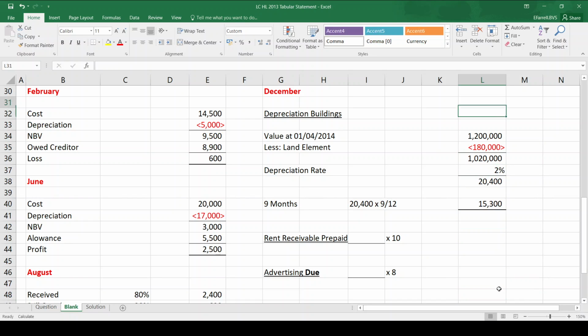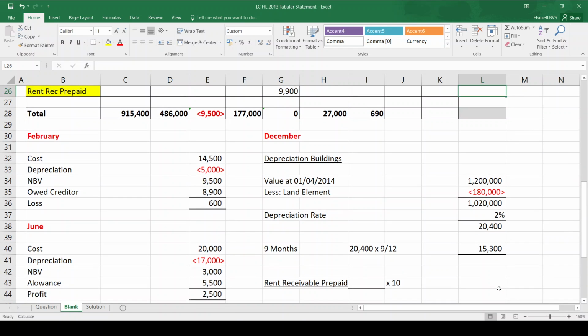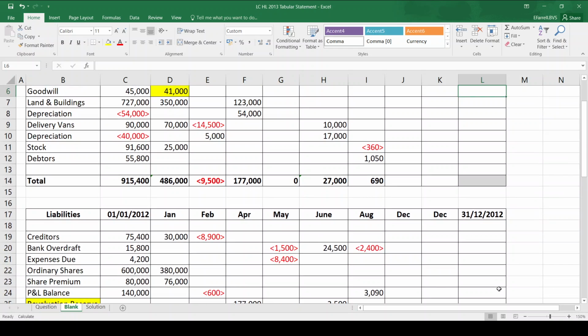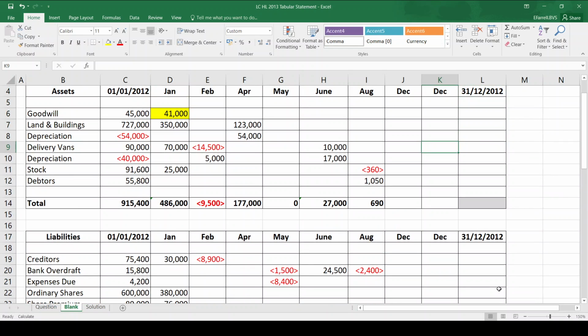So to put in these depreciation figures, we're after calculating the depreciation of buildings is 15,300. So if I go up here to buildings, land and buildings, depreciation. Now, as depreciation is a minus, if it's increasing by another 15,300, it's going to be minus 15,300. They told us the depreciation of delivery vans was minus 28,000.